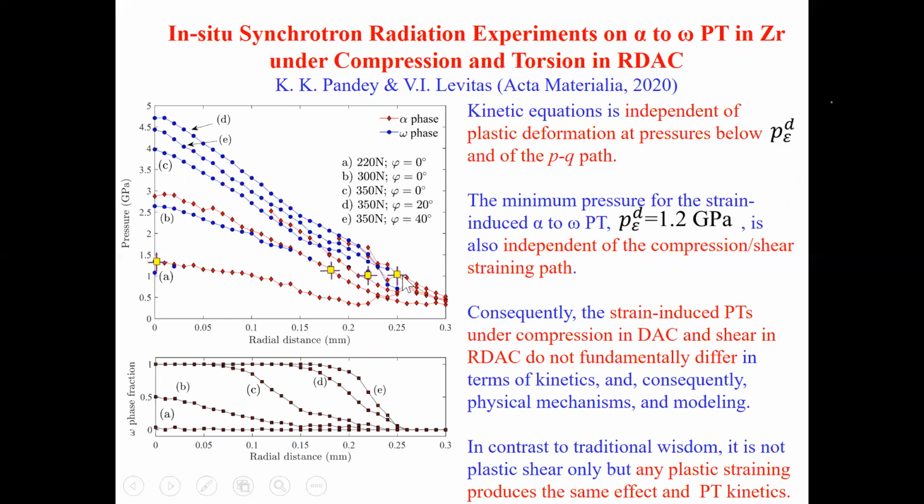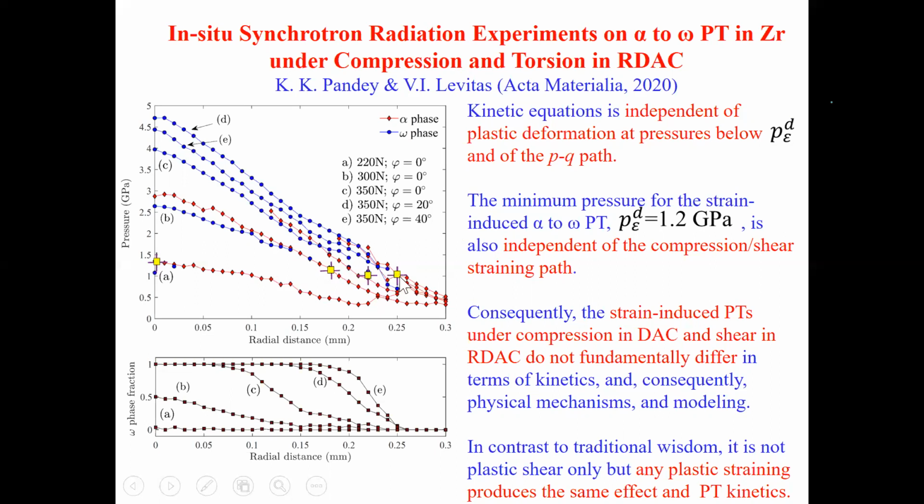And already it corresponds to the same pressure, 1.2 GPa. So you see here we have just compression without shears. Here we have a very complex combination of compression and shear, but the result is independent of strain state. And this is very important.